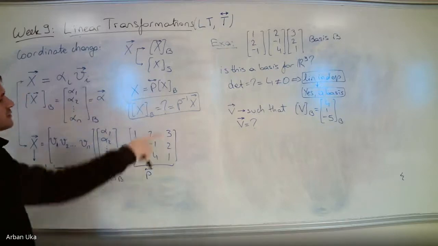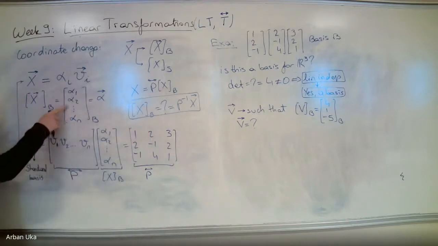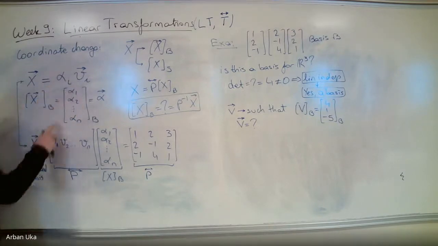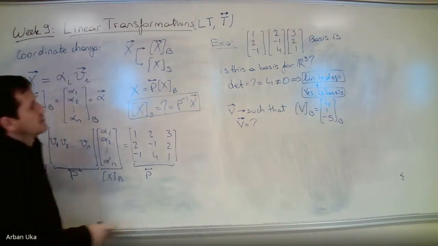So these 4, 1, minus 5 are these alphas, right? And these alphas are alpha 1 times V1 plus alpha 2 times V2 plus alpha 3 times V3.